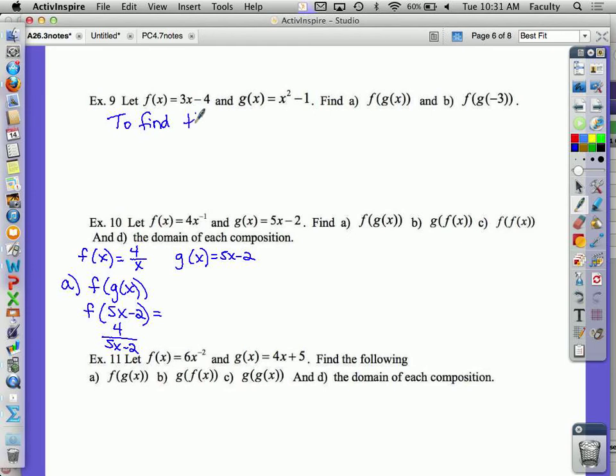To find the domain of a composition of functions. And then as you do homework, be using your notes to help you. Step 1, find the domain of the inside function.